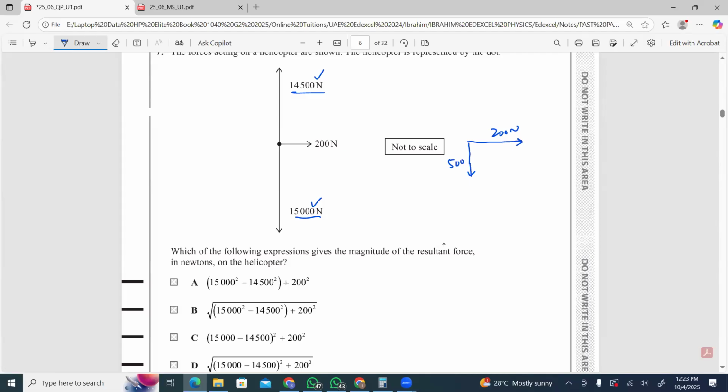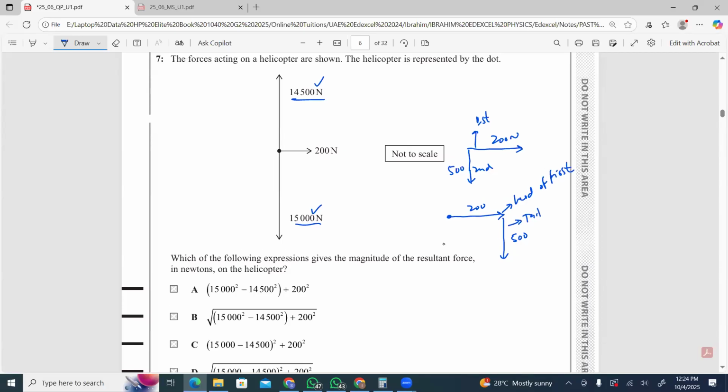Now you need to add them according to the head-to-tail rule, which says that you need to connect the head of the first vector with the tail of the second vector. So this is my second vector and this is my first vector. So I am connecting the head of the first with the tail of the second.